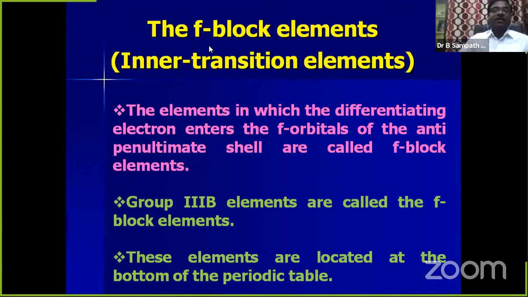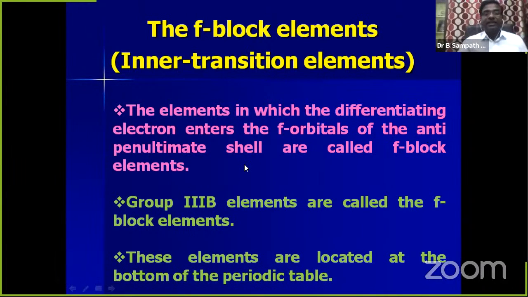The next one is the f-block elements. These are also called inner transition elements. Now let us see what f-block elements are. The elements in which the differentiating electron enters the f orbitals of the anti-penultimate shell. We have just seen in the D block elements the penultimate shell, and here we are observing the anti-penultimate shell.